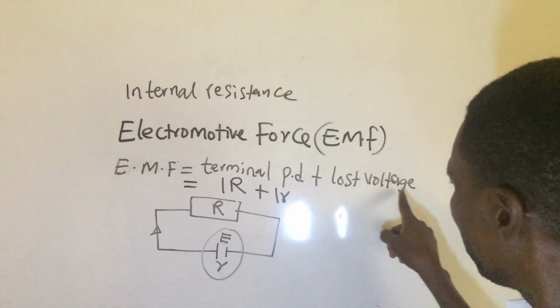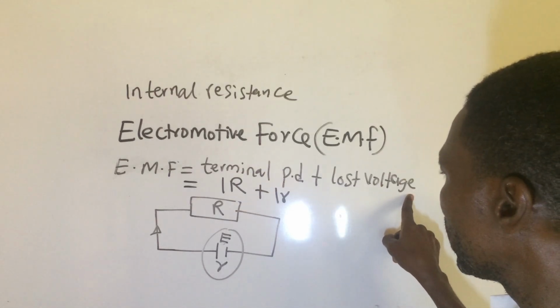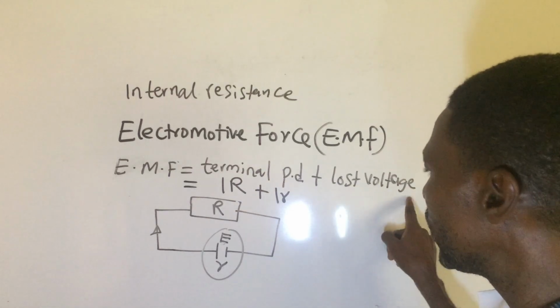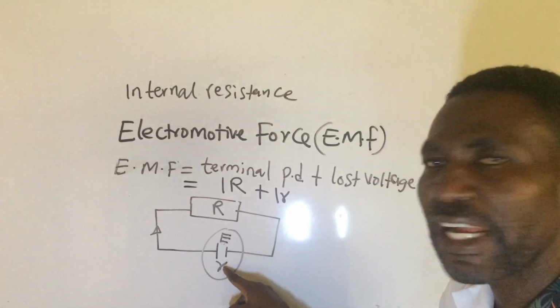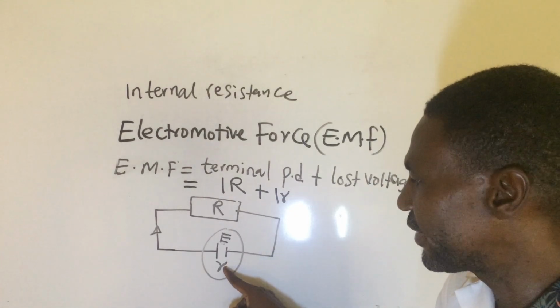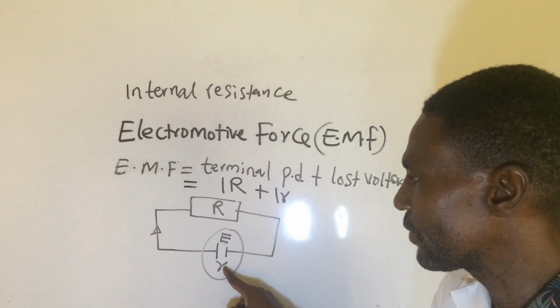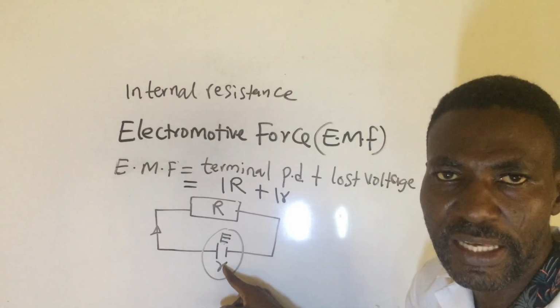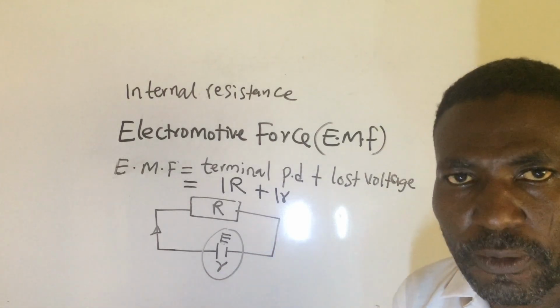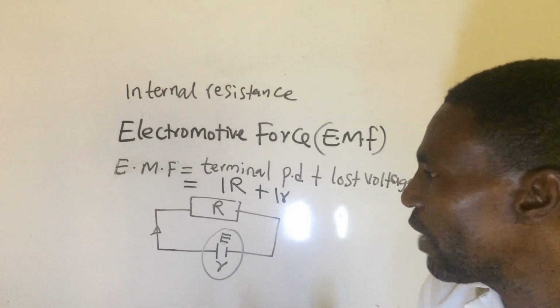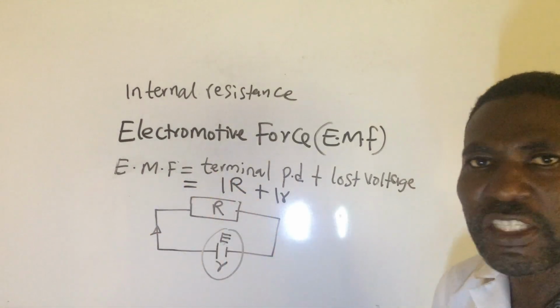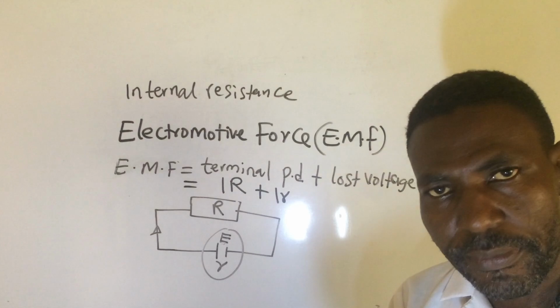Then to calculate the lost voltage, it will be the current entering the internal resistance of the battery times the value of the internal resistance, also Ohm's law. So that will give us the EMF of this battery when it is working.